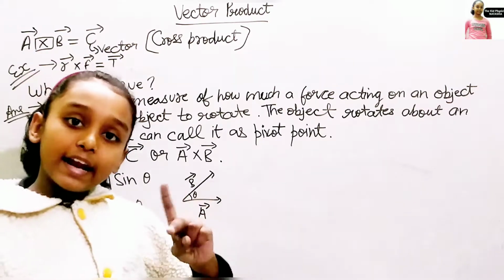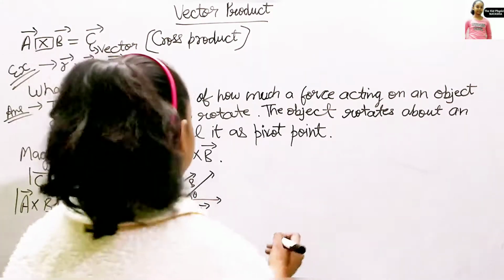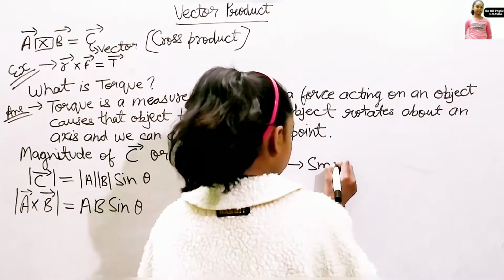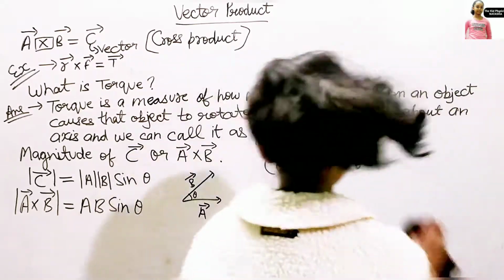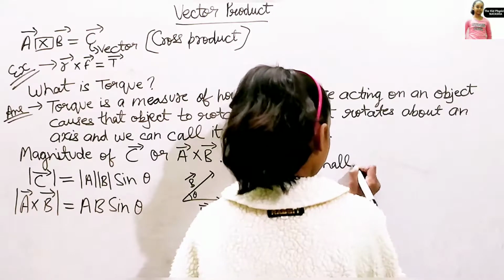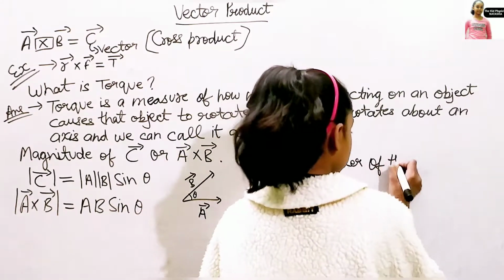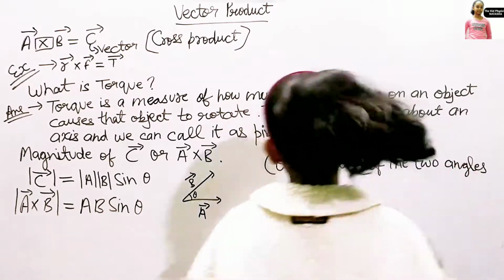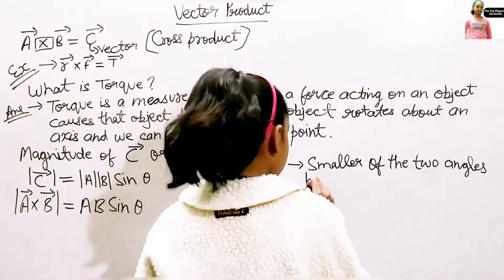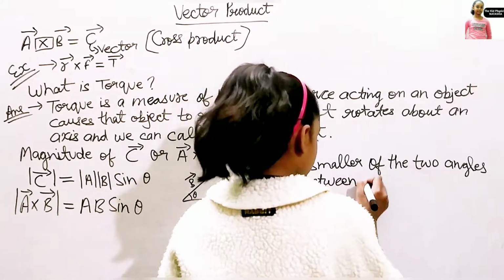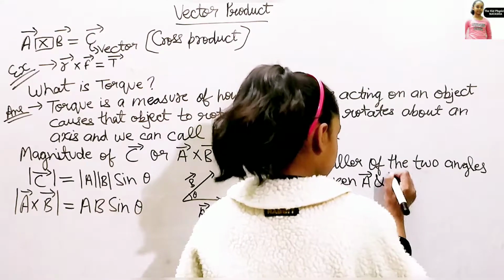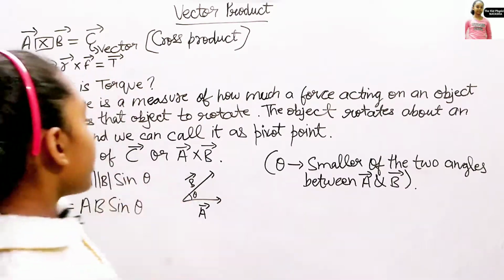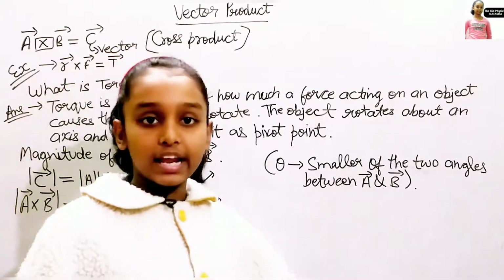Theta is the angle between vector A and vector B, but in vector product, theta is the smaller of the two angles between vector A and vector B. Got it? In cross product, theta is the smaller of the two angles between vector A and vector B.